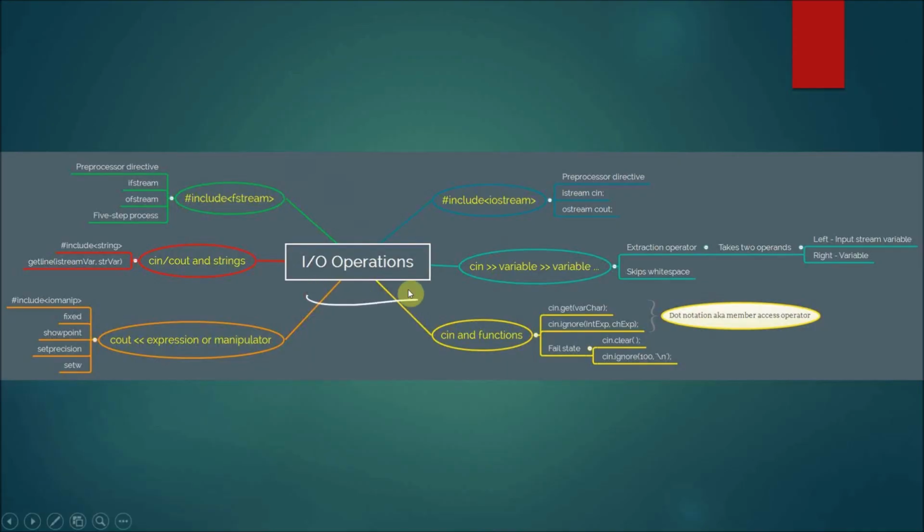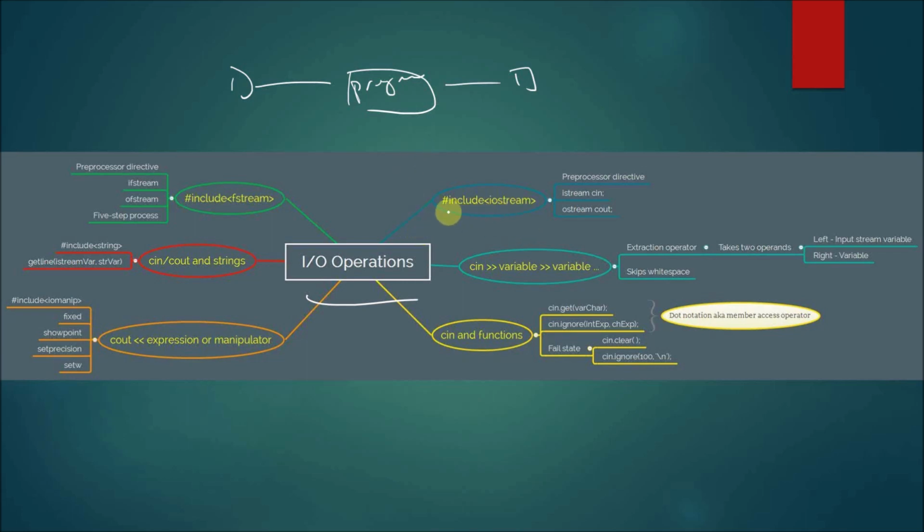All right, to sum it up, again, we want to use input-output operations because we want to have the ability to take a file, enter it into our program, and then output it to another file. Because it's not always practical to use a standard input keyboard and standard output monitor.